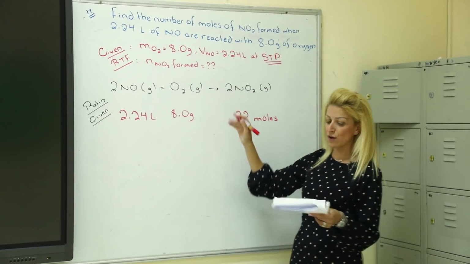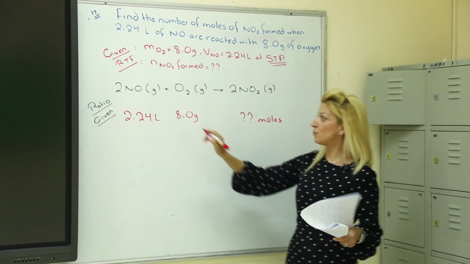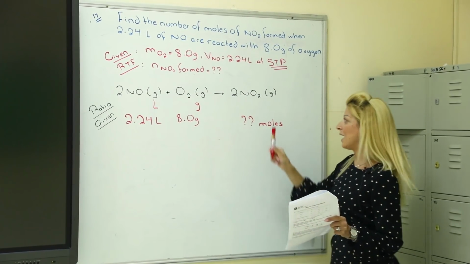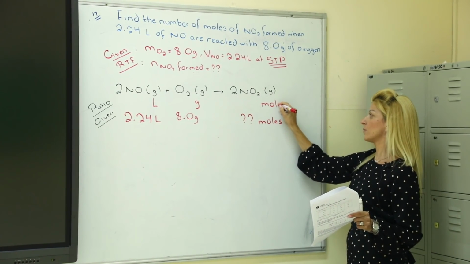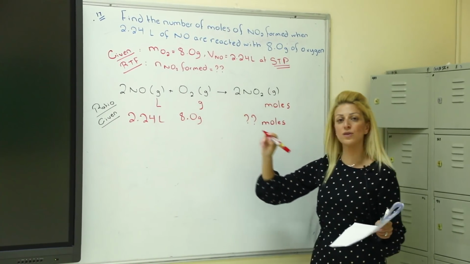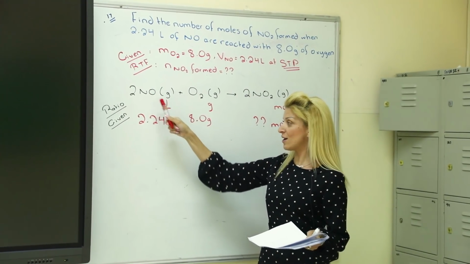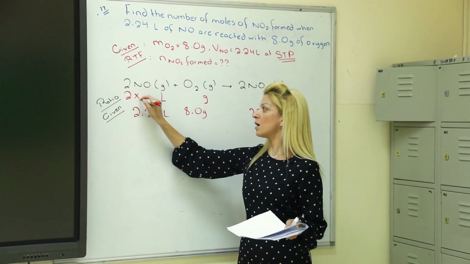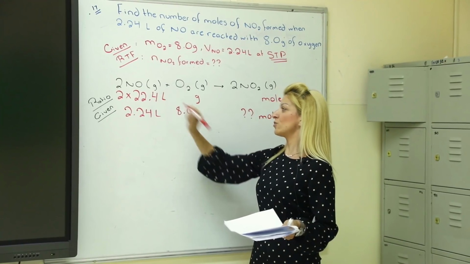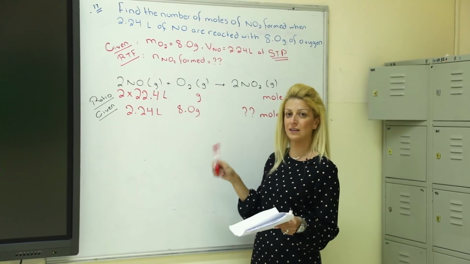We go back to our equation and we write the ratio in the same units as the given. So for NO, we want to write in liters, for O2 grams, and for NO2 in moles. So from our equation, we have two NOs that are going to react with 1 mole of O2. So 2 NOs has a volume of 2 times 22.4 liters, because each mole of a gas at STP occupies 22.4 liters.